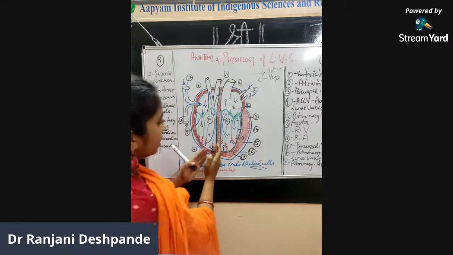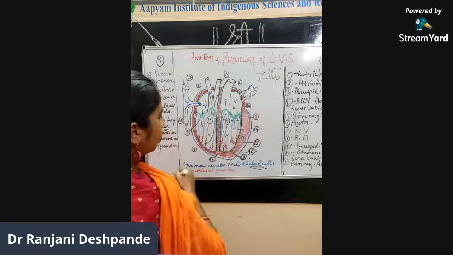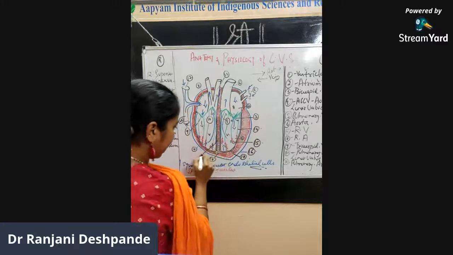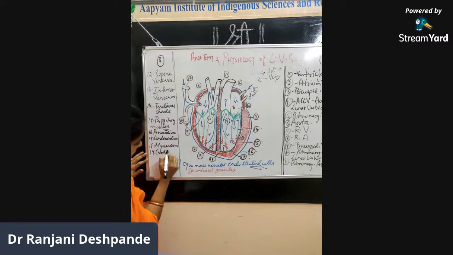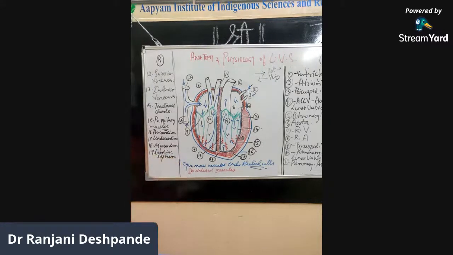Next, this is the septum that separates both portions of the heart. So we have 19, and this 19 is called the cardiac septum.